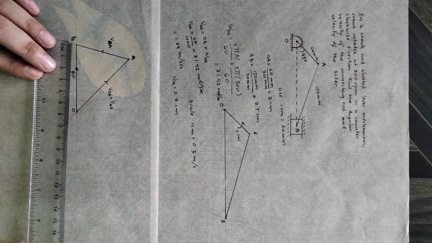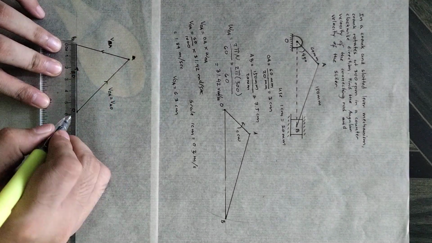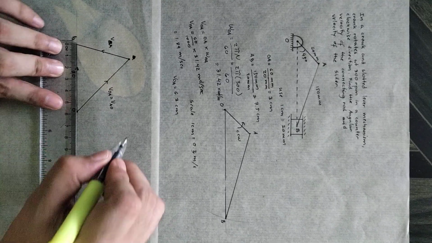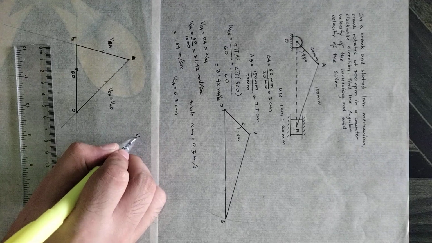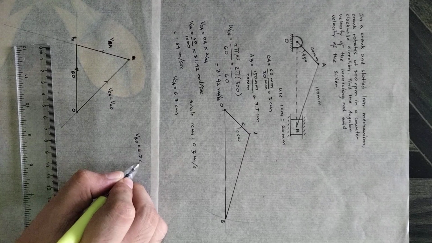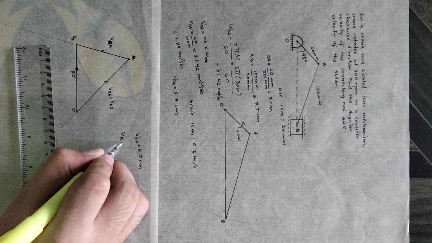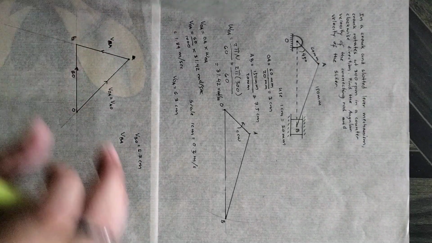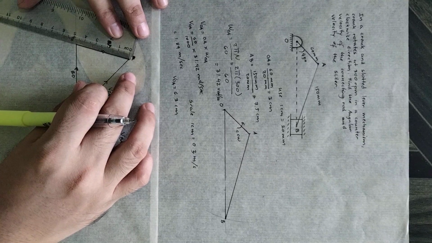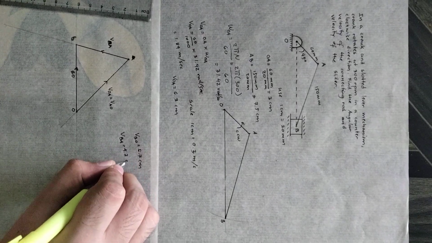Okay, so we're almost done. We just need to measure. Its length is around 5.7. So velocity B relative to O is just equal to 5.7 cm. Then the velocity of BA is equal to 4.7 cm.